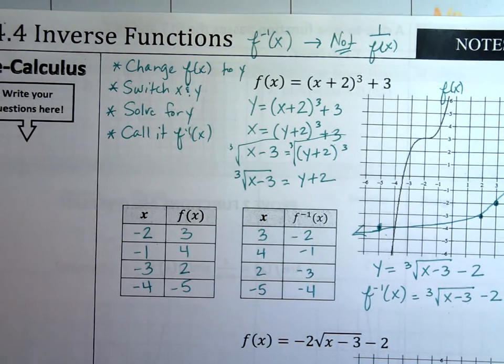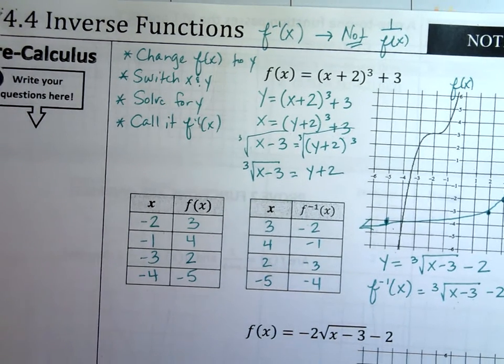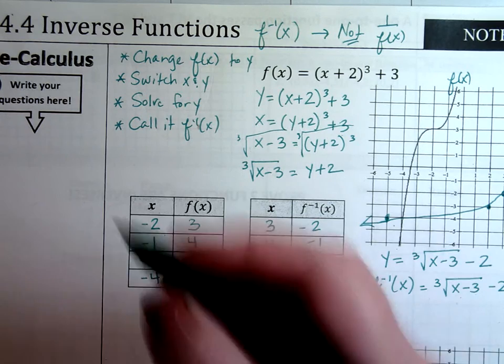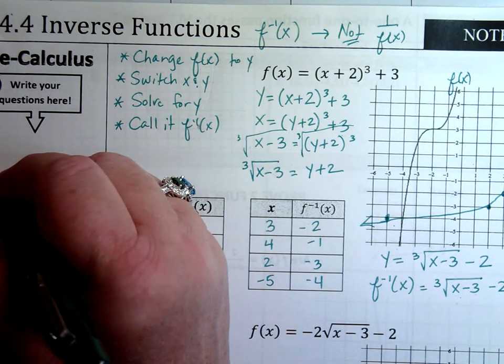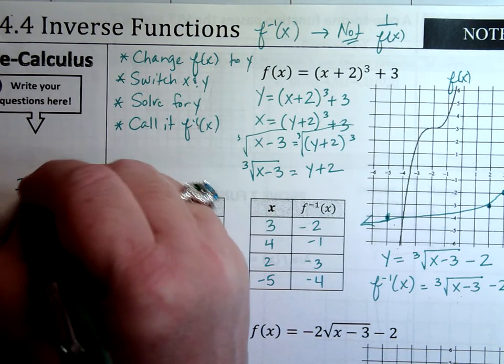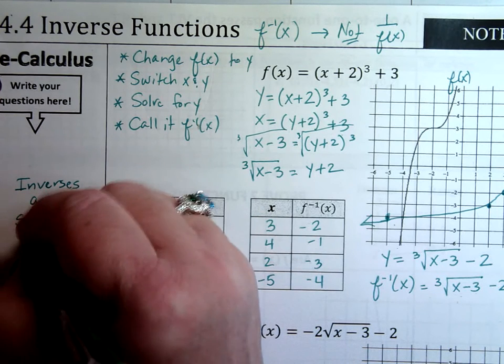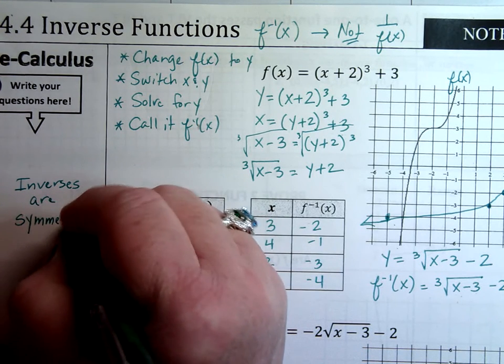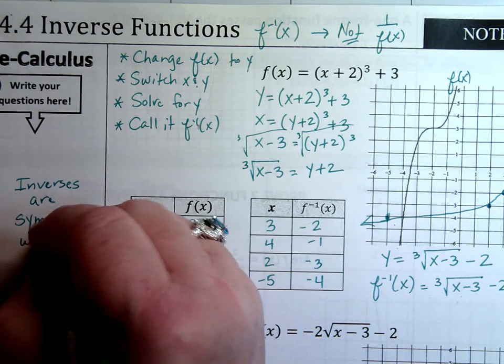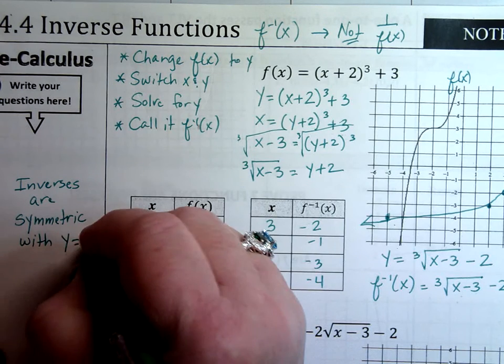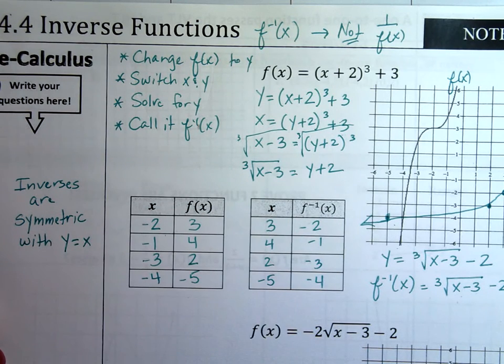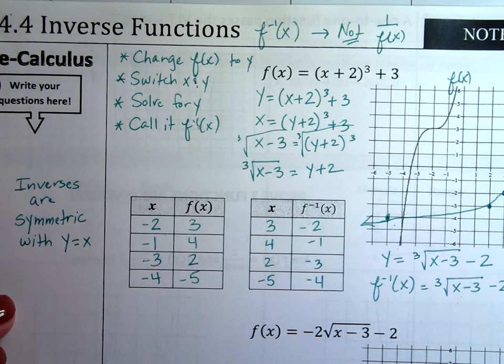And we did talk about this in the intro video. One of the interesting facts about inverses, and I'll put it in our margin over here, inverses are symmetric with the line y equals x. All right, so let's see. Here's the line y equals x.